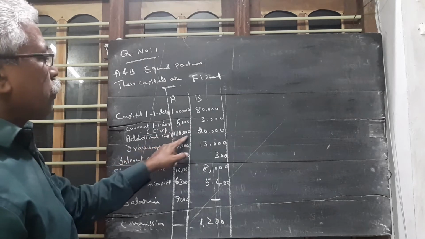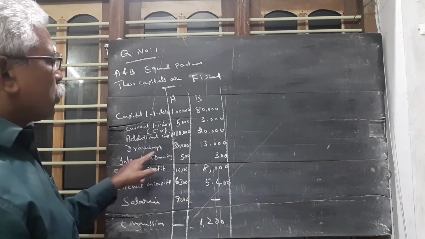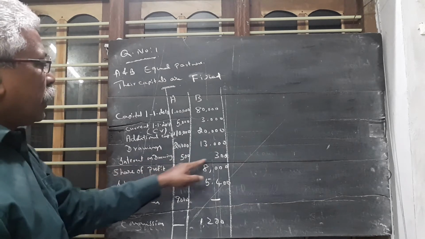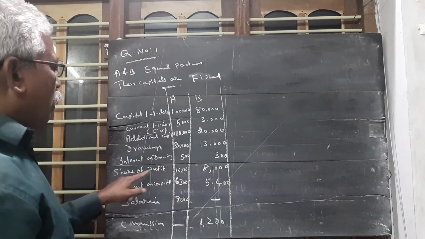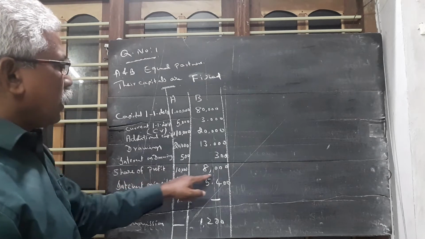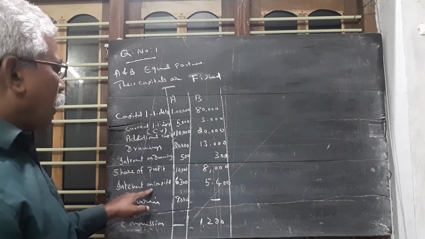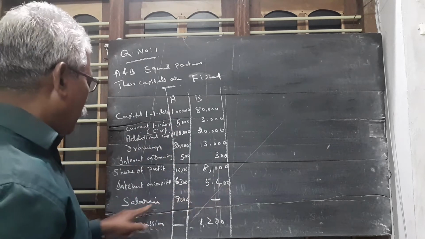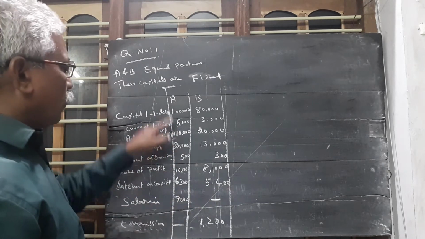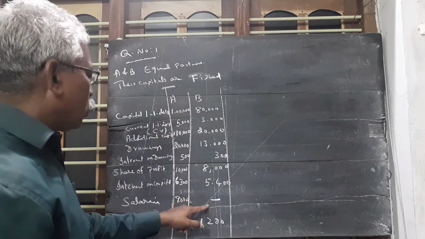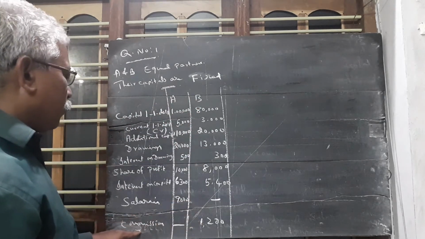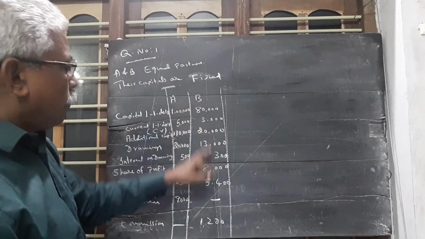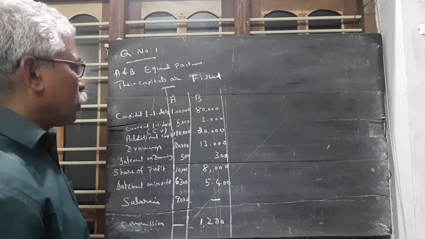Additional capital 10,000 and 20,000. Drawings 20,000, 13,000. Interest on drawings 500, 300. Share of profit 10,000, 8,000. Interest on capital 6,300 for A, 5,400 for B. Salaries 9,000 for A, B has no salaries. Commission: A has no commission, B's commission is 1,200.